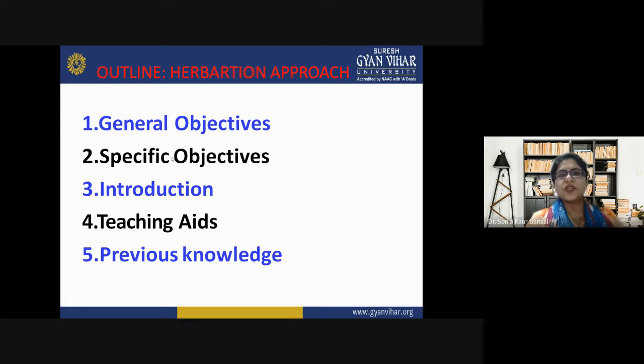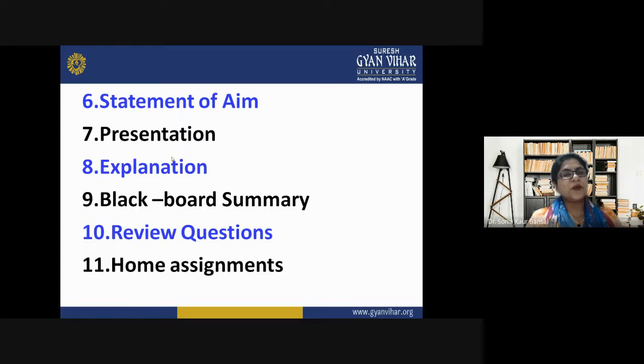What we are mainly talking about in the Herbartian approach is how the lesson plan goes in a systematic way in 5 to 6 steps. Then the statement of aim comes here, where we are talking about the teaching of the lesson plan in a particular situation. And we announce it to our students after the introduction part.